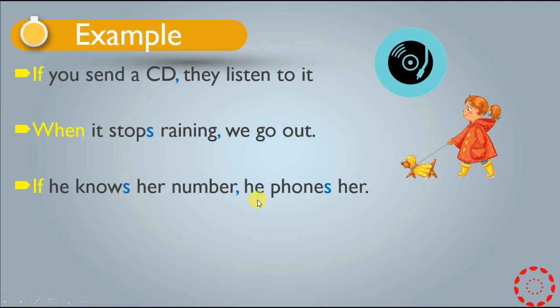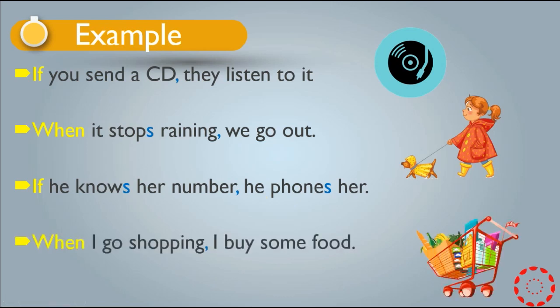And also in the second part of the sentence, which is the present simple, after the comma, we always have to write a comma after the first present simple clause. Also we have another present simple tense. So the verb phone here has s. Why? Because the subject is he.